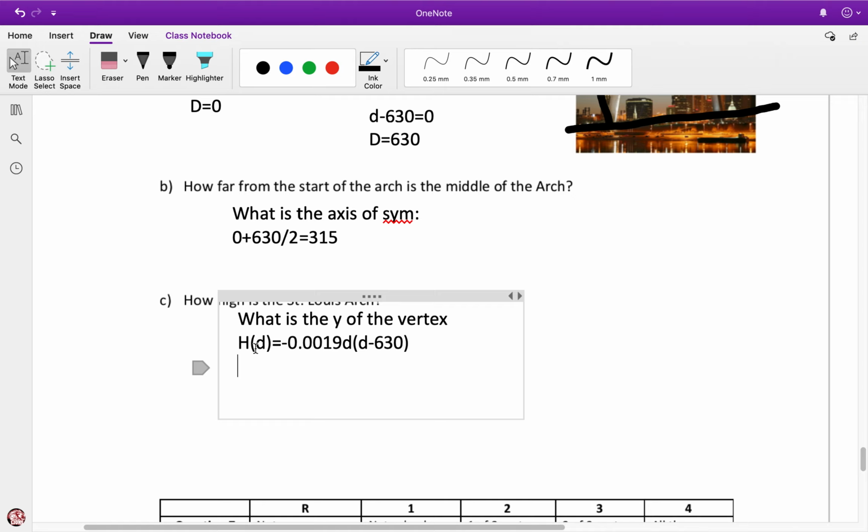So H of D equals negative 0.0019 bracket 315 bracket 315 minus 630, which equals 188.5. I had a horrible time with my keyboard right now.